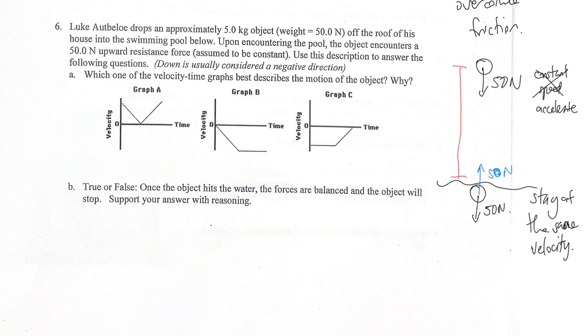Remember, it only changes its velocity when there are unbalanced forces. So it's going to accelerate away and then stay at the same velocity. So it's graph B.